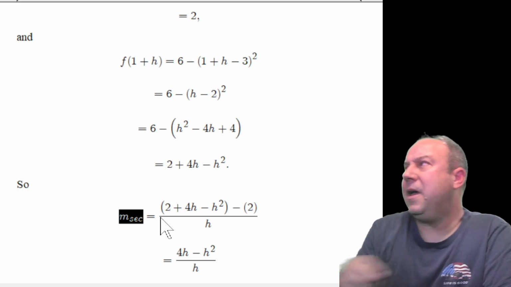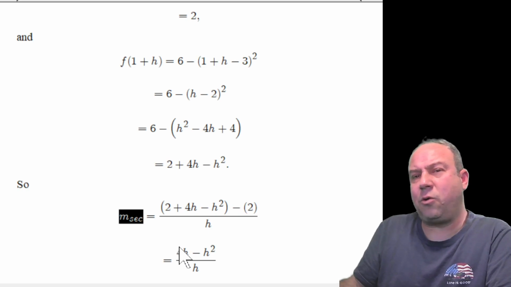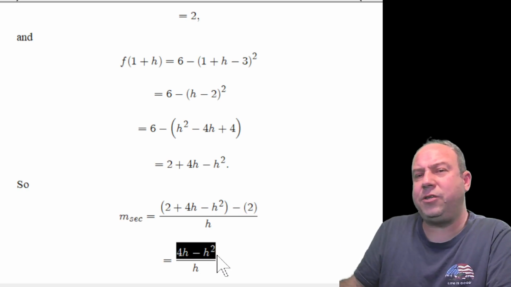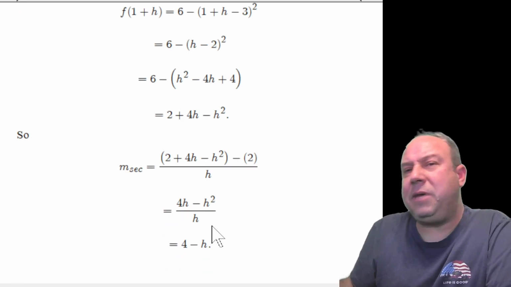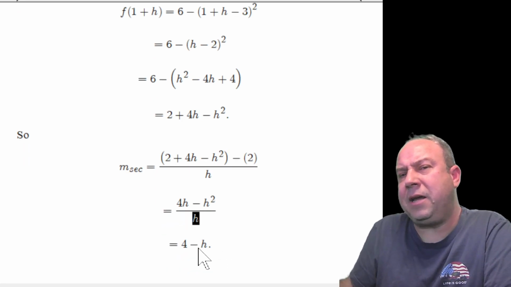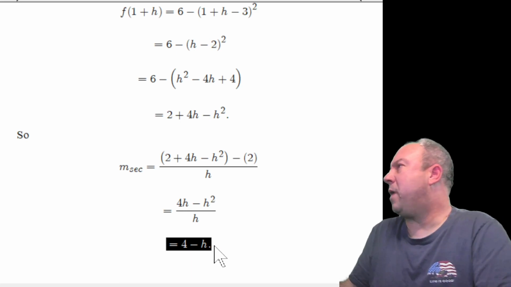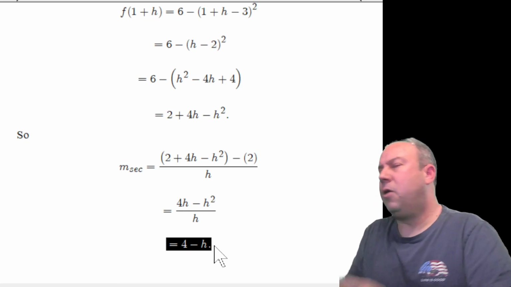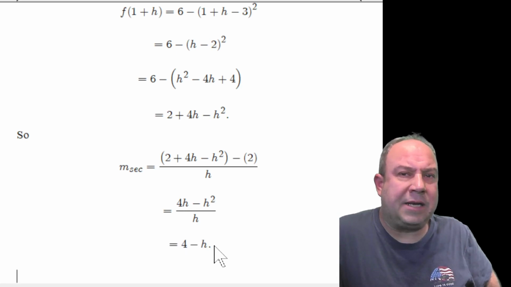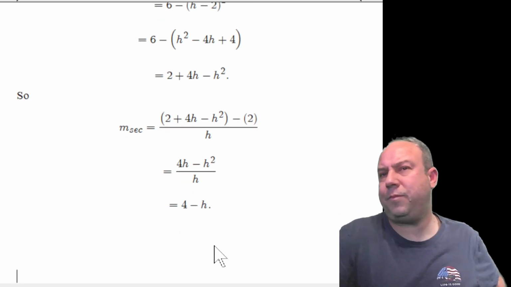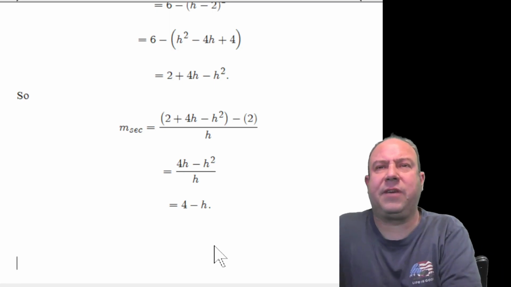And you'll notice that in this quantity 4h minus h squared, you do have a common factor of h, which when factored out can be canceled with the h in the denominator, leaving you with just 4 minus h in the numerator over the value of 1. So all this just simplifies to the statement 4 minus h. Some pretty basic algebra.